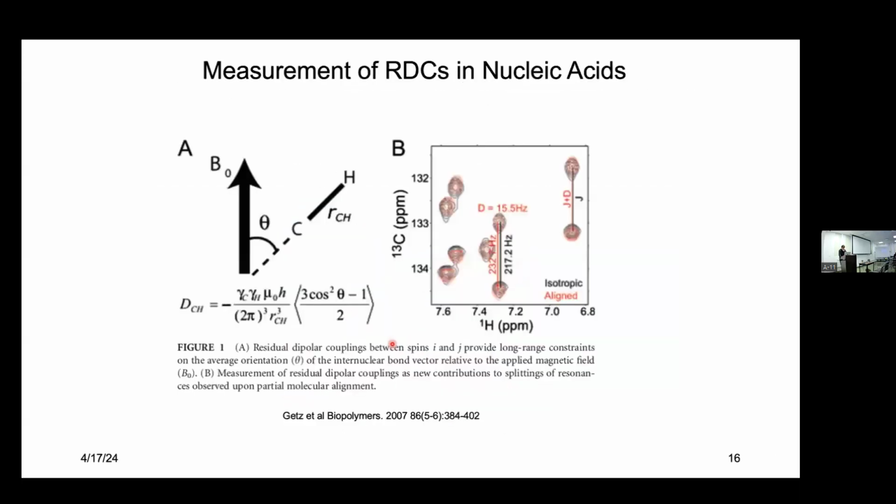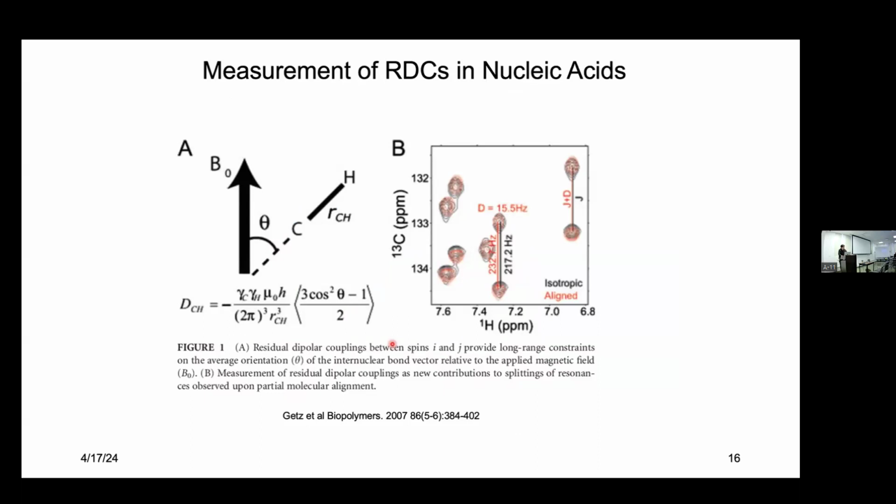Okay, so now how do we measure these? The functional form of the Hamiltonian for the dipole interaction is very similar to the scalar couplings. What that means is the dipole couplings will manifest themselves as splittings of resonances.